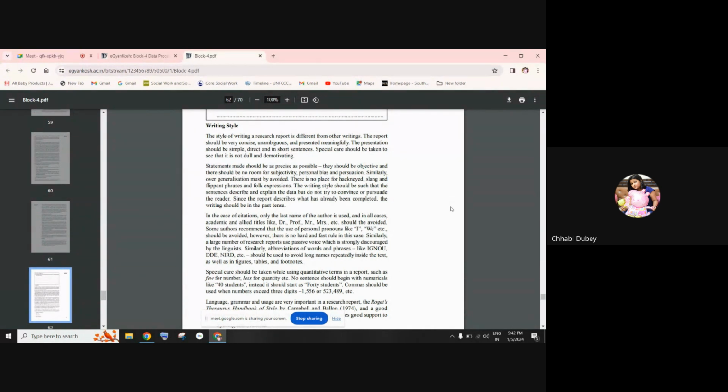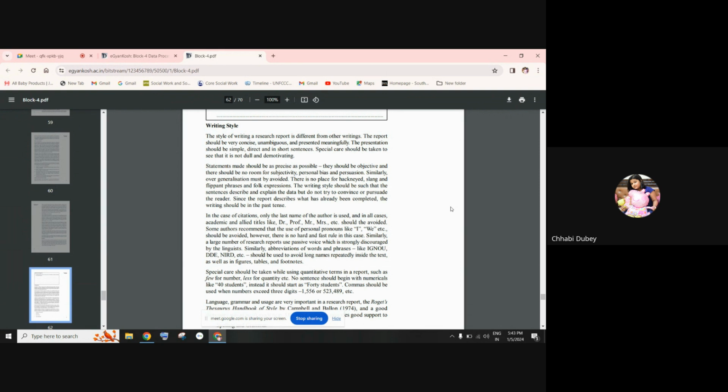Similarly, any kind of overgeneralization with regard to that particular area must be avoided. Any kind of slang expressions or flippant phrases should be avoided at all cost. The writing style should be such that the sentences do not try to convince or persuade the reader.